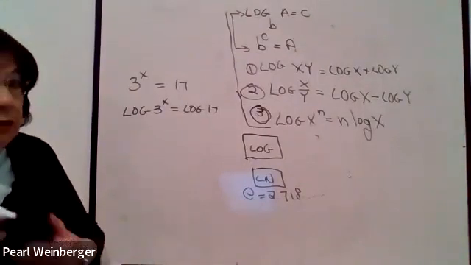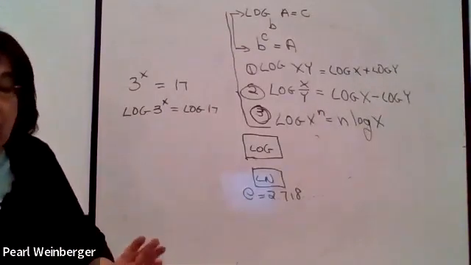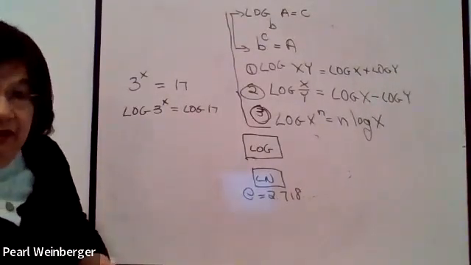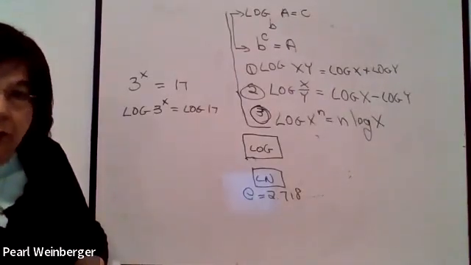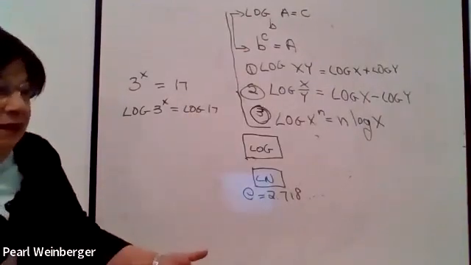It's used in population questions. It happens to be a very important number. It's called the natural number. Don't ask me why it's called the natural number, because to me it looks totally unnatural. It's not a whole number.